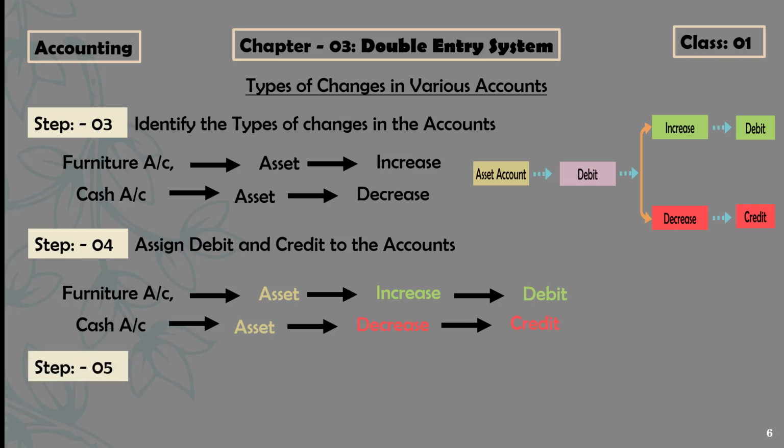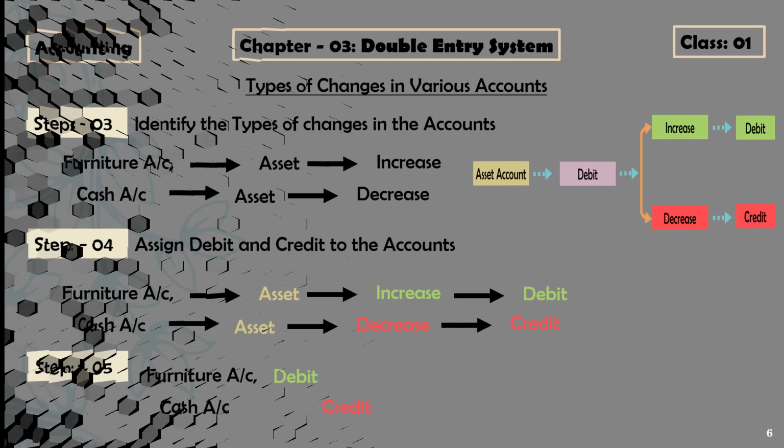So finally we got our result: furniture account debit and cash account credit. This is the total procedure that I have broken into 5 steps, so that you can follow it easily to identify debit credit for any transaction.